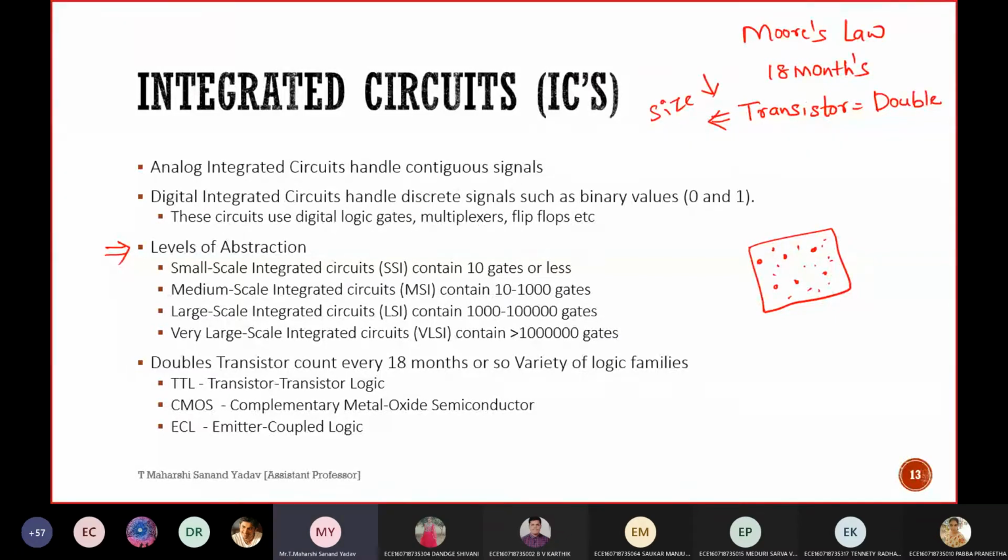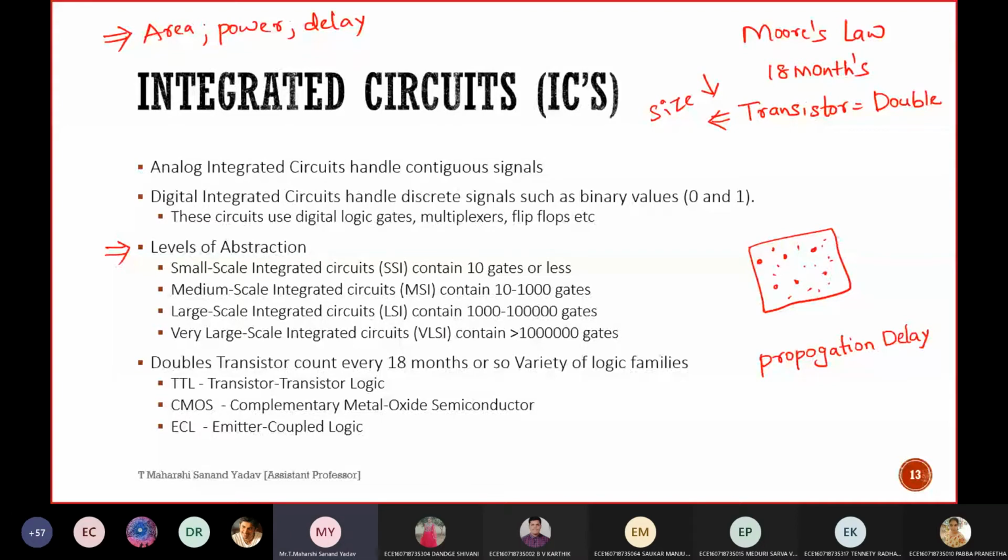Okay, so in this subject only 3 parameters are very important, which are area, power, and delay. These are the 3 factors on which VLSI depends. By the way, you know about delay. What is delay and what is propagation delay? These are the basic terminologies.